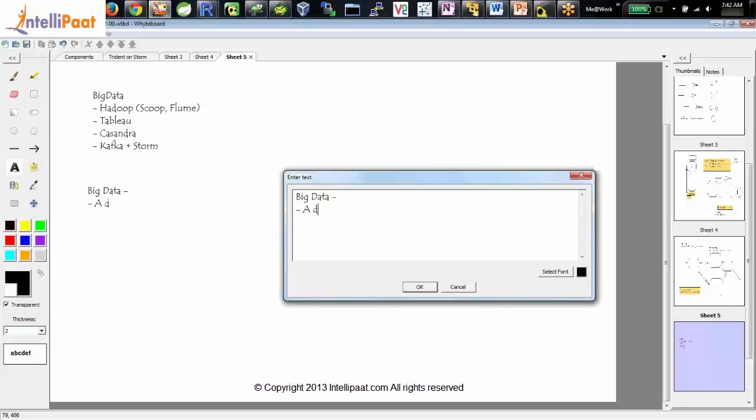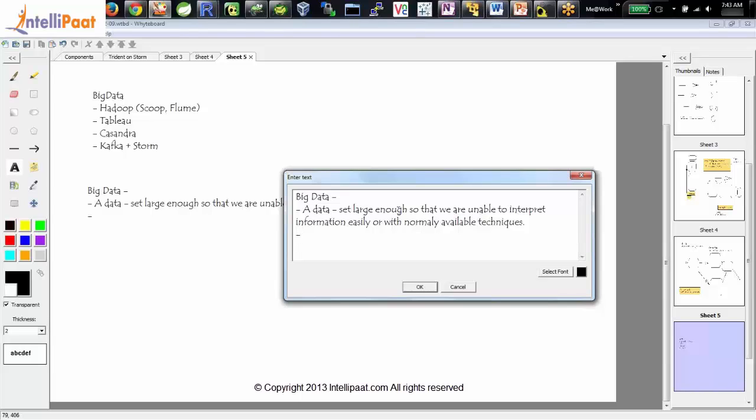I would put it this way: a data set large enough... And why do we want to interpret this information? To gather information, to gather intelligence out of it.